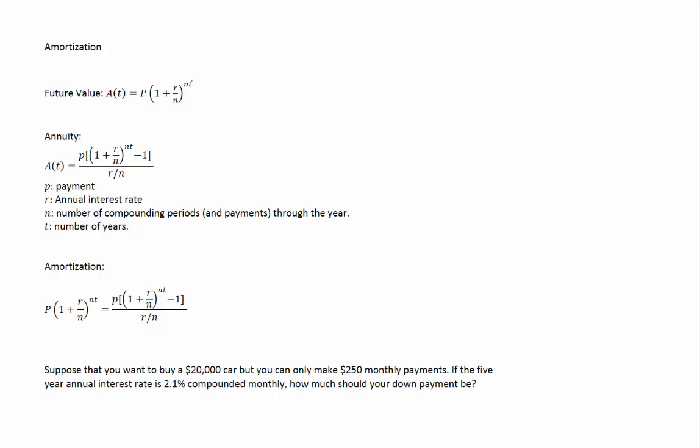Now, t is the number of years of the loan, for how long you're going to get the loan. So this is the money they want to get in return at the end of the loan. This is the future value of the principal they're loaning you.